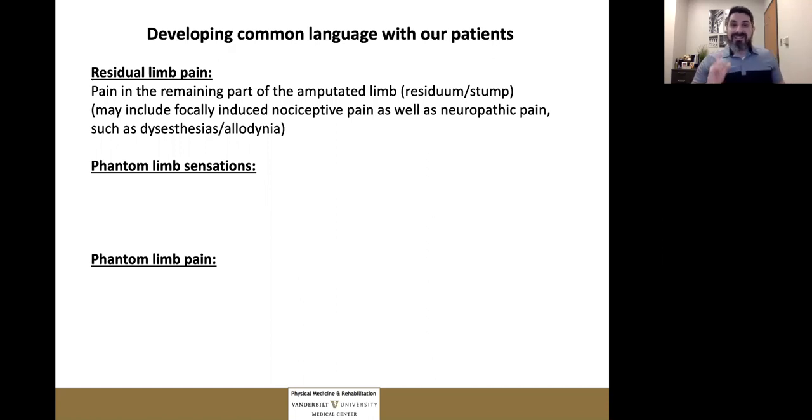You can't see it. Dysesthesias are a little bit different. Dysesthesias are definitely an abnormal, unpleasant sensation. It can have a lot of the same qualities, stinging, burning, etc. Typically, though, caused by nerve damage. It can declare itself in the residual limb itself or further down in the phantom. So dysesthesias span the spectrum, but are typically consequent to nerve damage itself.